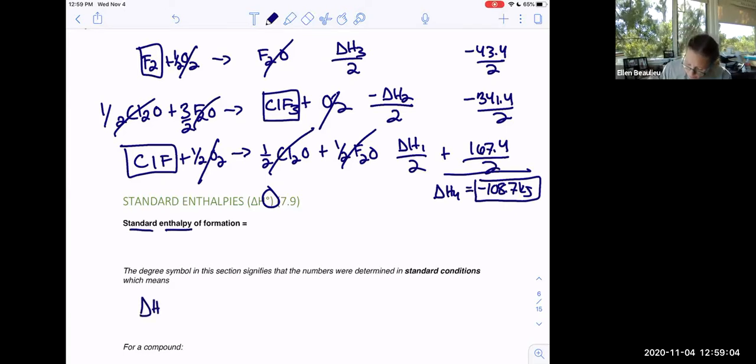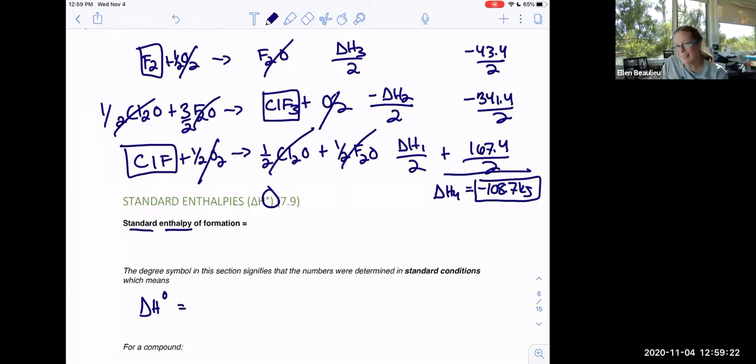Anytime you see a degree symbol, it means that that enthalpy was measured at standard conditions, which, as if chemistry wasn't confusing enough, is different when you talk about gases than when you talk about thermochemistry.